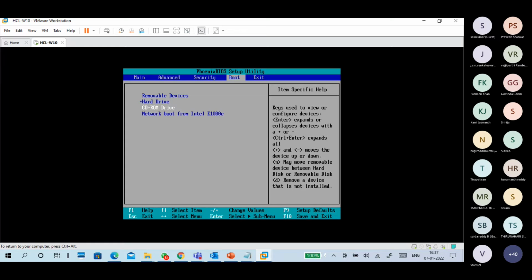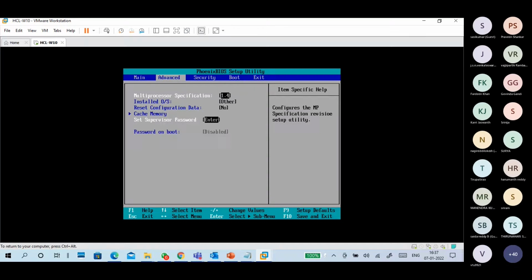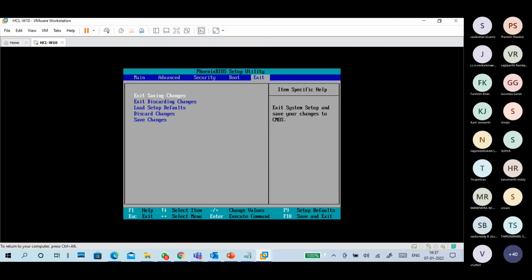If I want to load the operating system through CD-ROM, not the pen drive, then CD-ROM must be first. Or I want to load the operating system from hard disk only. By priority means it will check the first device. If it is not there, it will go for the second. Once it is fine, it sticks with it. So that's it. This is your BIOS setting.